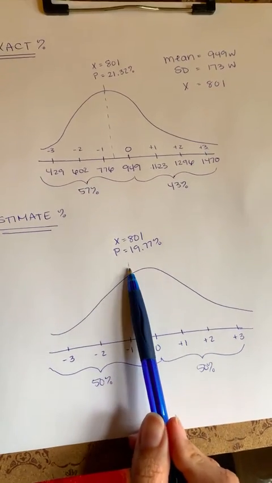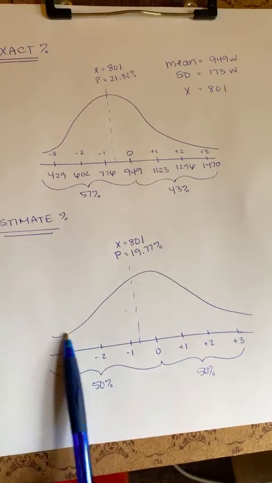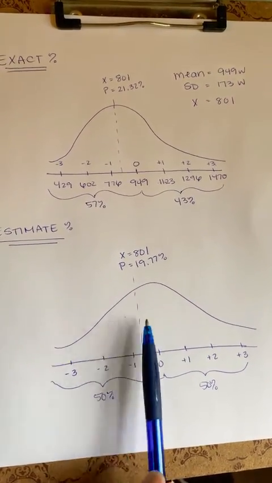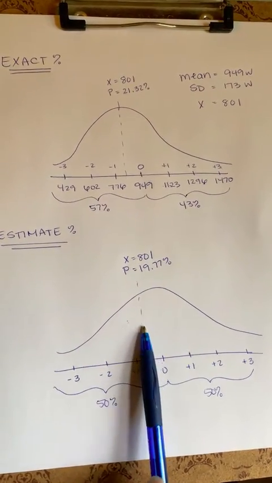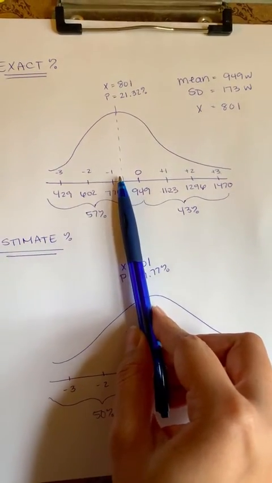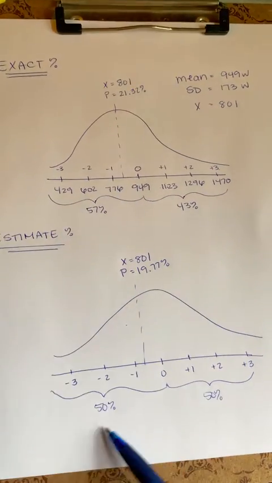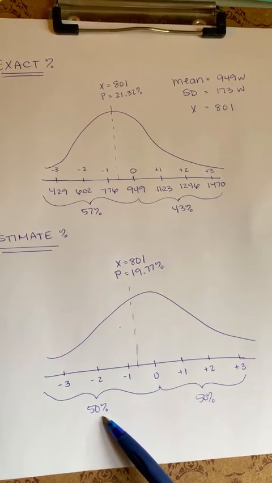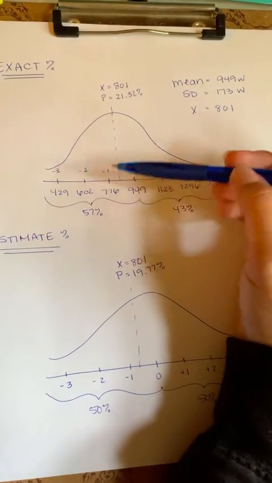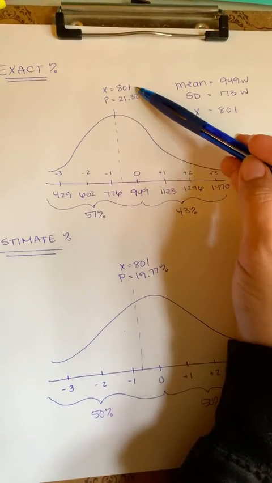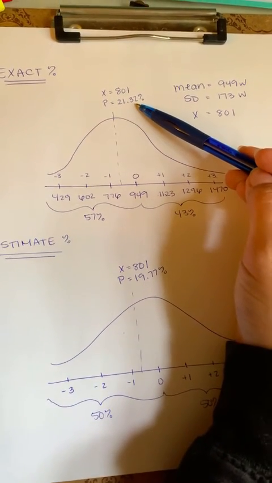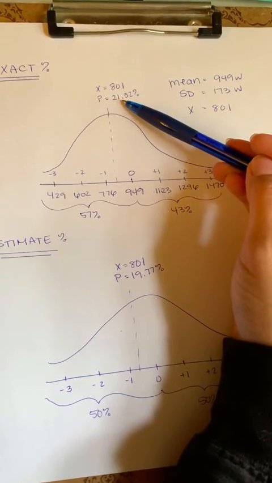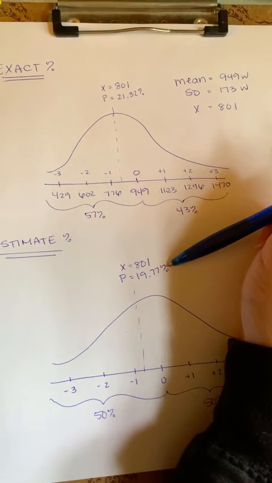So if we take this 801, we would assume less data to be to the left of this particular value than we would expect there to be over here, because there's an additional 7% accounted for in our population compared to our normal distribution. That's why this percentage is bigger than this one.